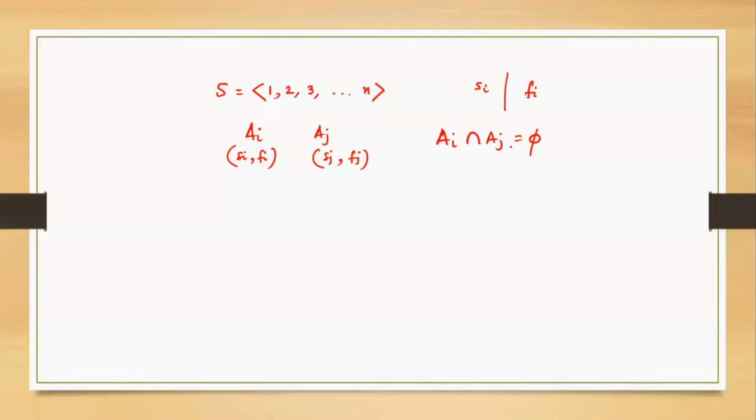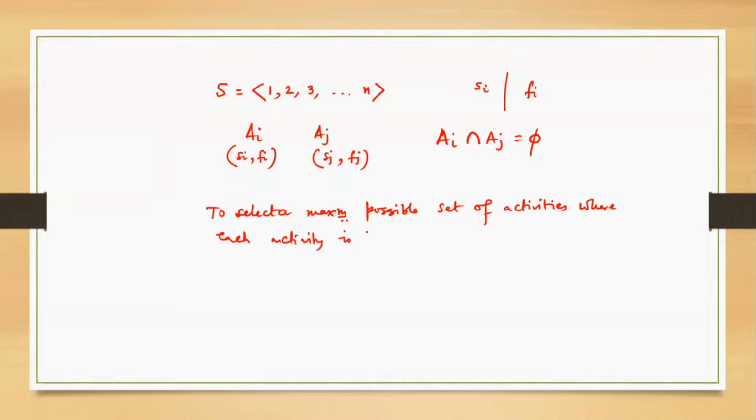Let me write it in brief: the activity scheduling problem is to select a maximum possible set of activities where each activity is non-interfering. That means they do not overlap.